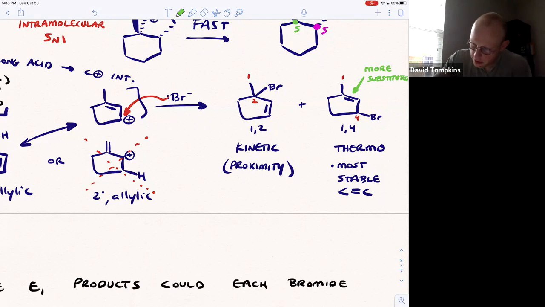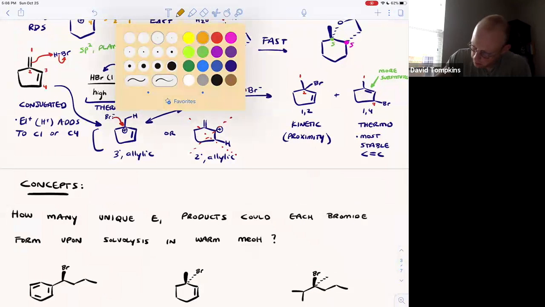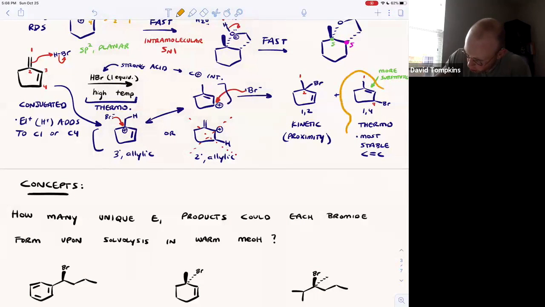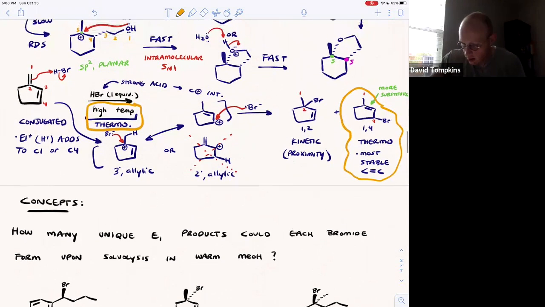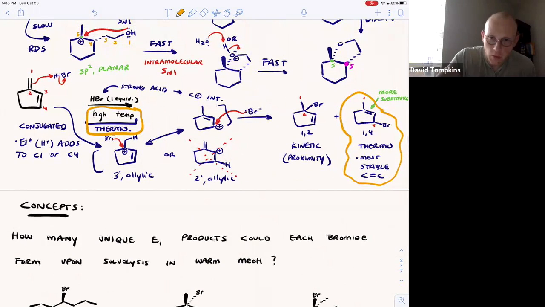It's a tri-substituted alkene. So the major product you would draw under thermodynamic or high temperature is that more substituted double bond there.